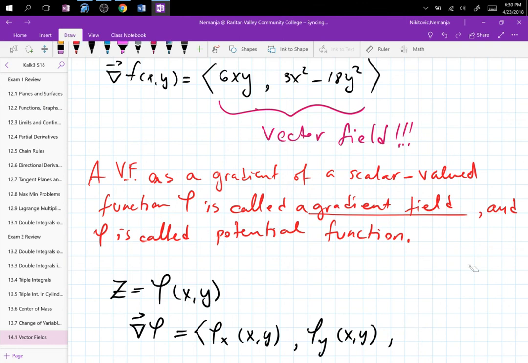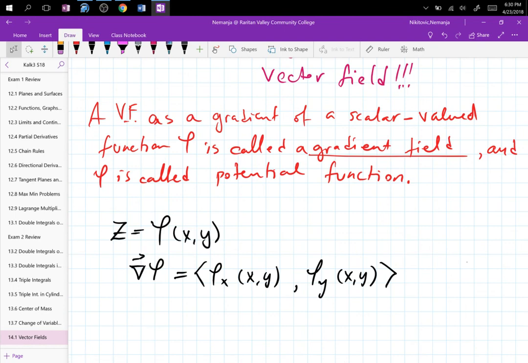Oh no, this is the 2D, so that's it. There's also a 3D version of this.